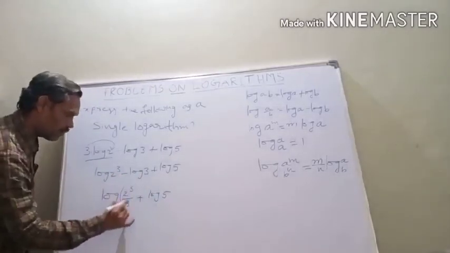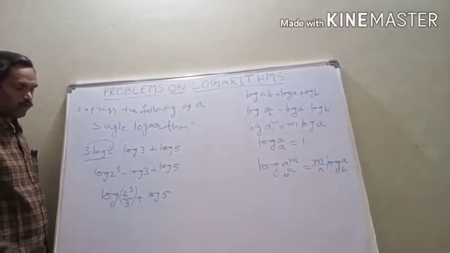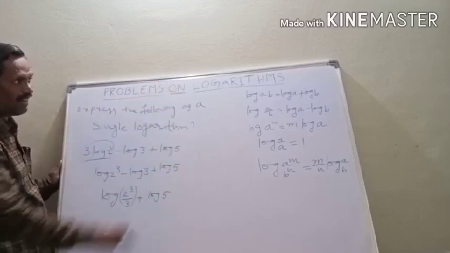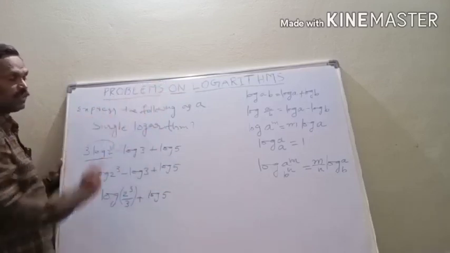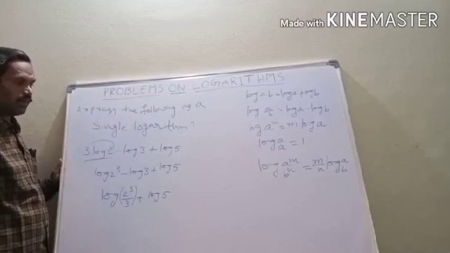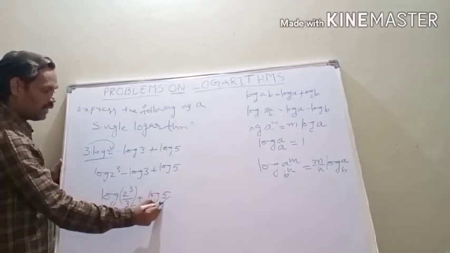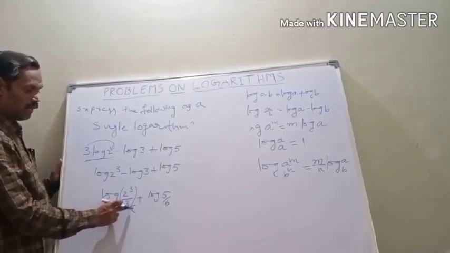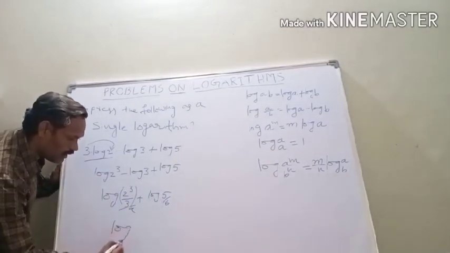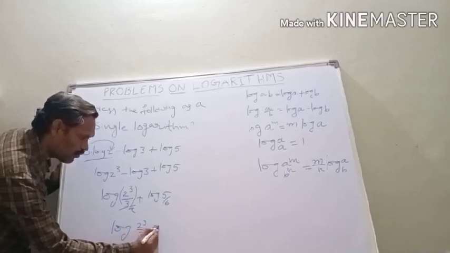Now you see here you have sum of 2 logs. So in which formula can we find sum of 2 logs? The first one, what is that? Log AB is equal to log A plus log B. Here, suppose you take this as A, this as B. It becomes log A plus log B. So it can be written as log AB, that is log 2 cube by 3 into 5.